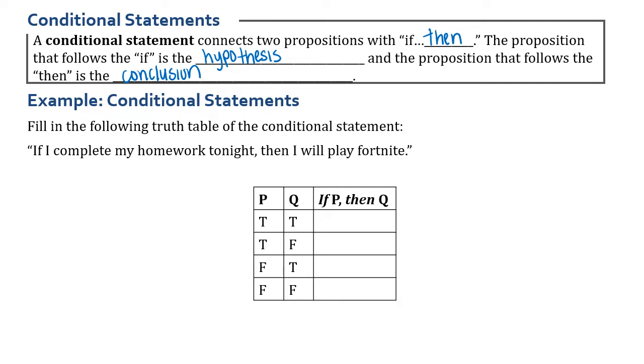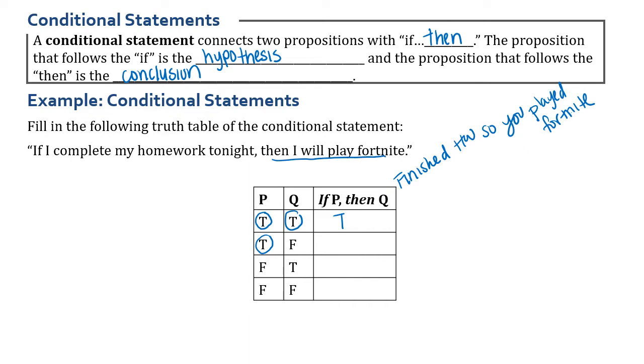So is this first one true? If I complete my homework, I played Fortnite. Yeah, that would be true. You finished your homework, so you got to play Fortnite. The second one, you completed your homework, so you did the hypothesis, but the conclusion ends up being a false statement. So this ends up being false.